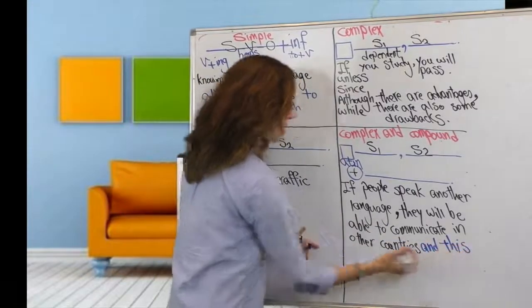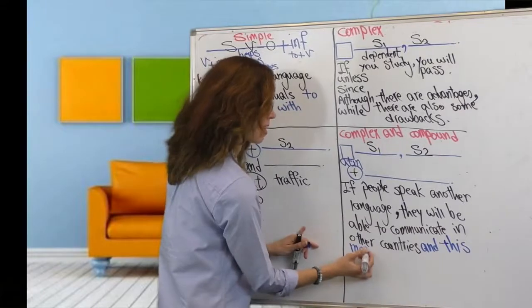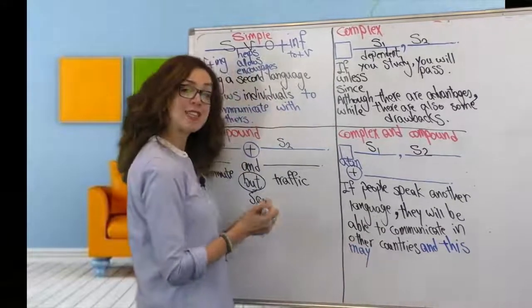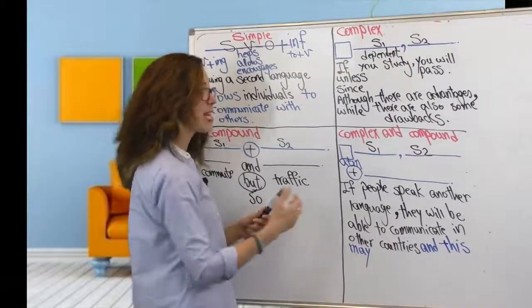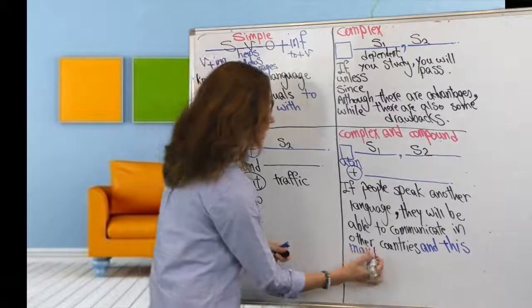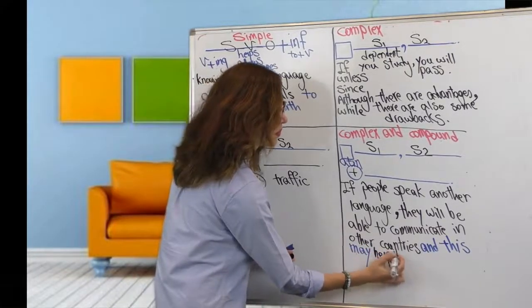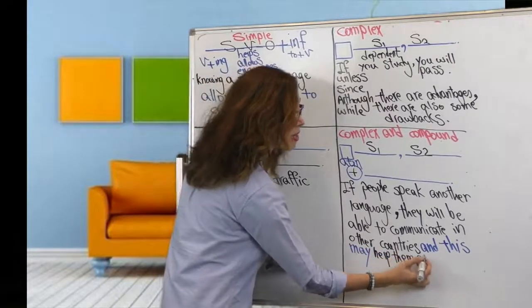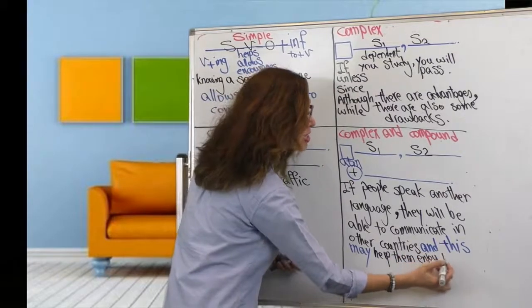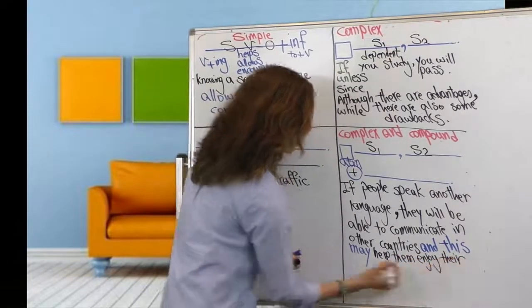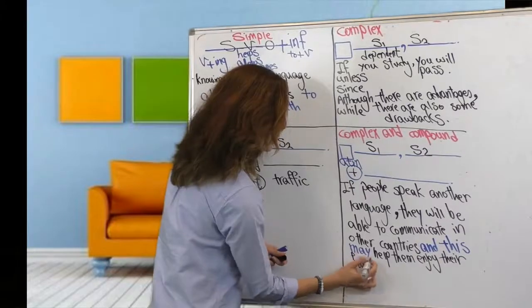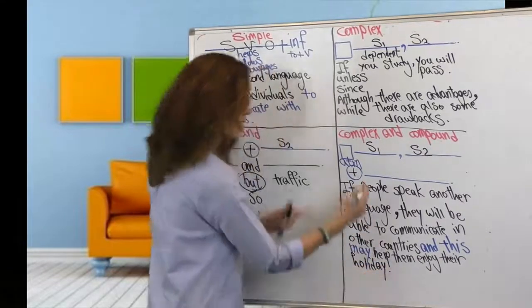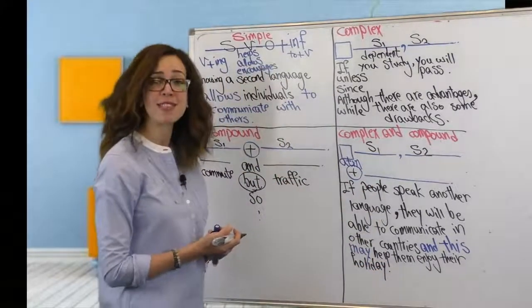This may... Now all you need is the third piece of information. This may help them enjoy their holiday in other countries. So you can see that it's quite a long sentence.